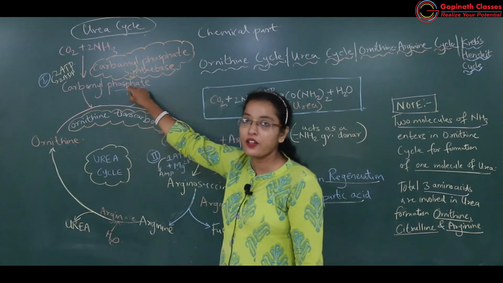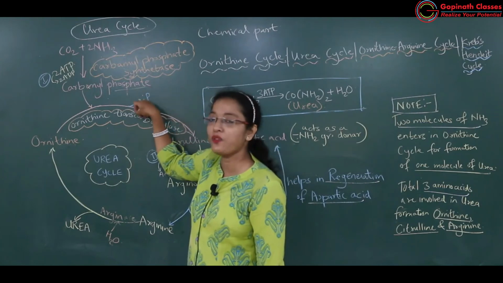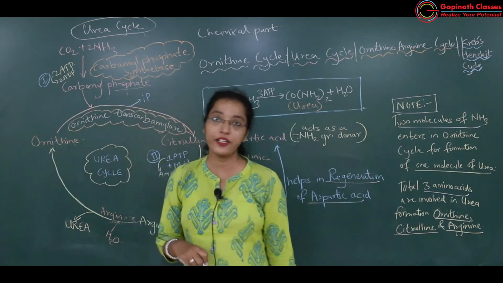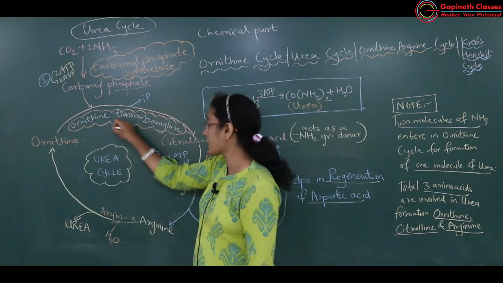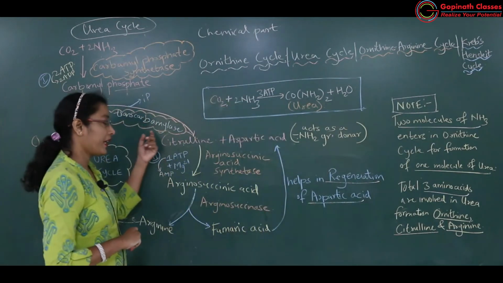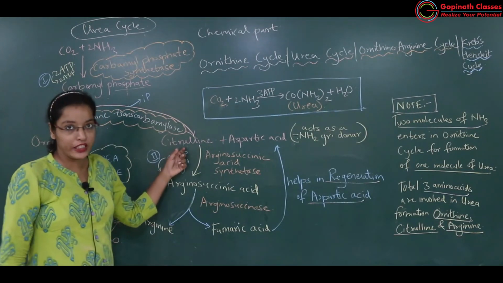Carbamyl phosphate will release inorganic phosphate, and the rest of the carbamyl phosphate will react with ornithine in presence of ornithine transcarbamylase.